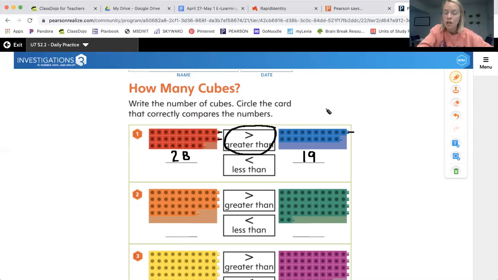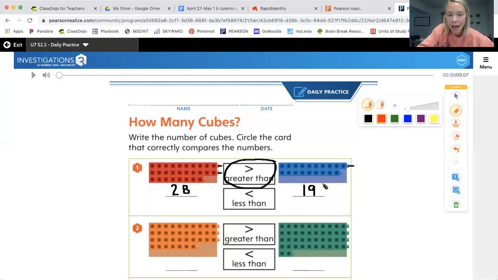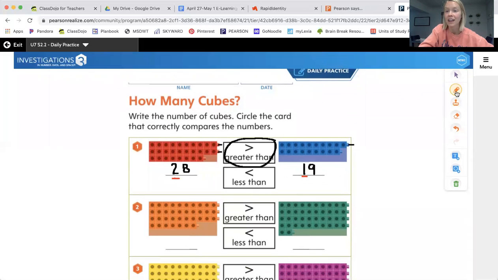Okay, so the reason I know that 28 is more than 19 is because I see that there are two groups of 10 in the number 28, and there's only one group of 10. So if I'm looking here at my tens place, I know that 2 is greater than 1. So that means 28 is greater than 19.